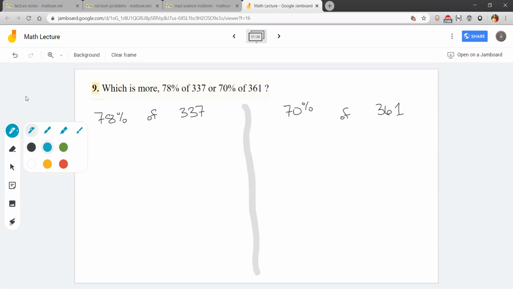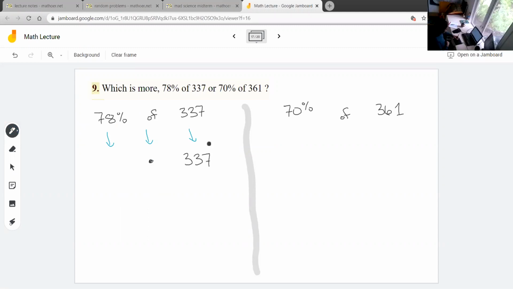You multiply times the number, so it'd be 337 times 0.78. The number stays a plain number. Of becomes multiply. And 78%, since we're going to put it in a calculator, we'll want to ripple it left out of percent. And of course, we'll do the same thing on the other side.